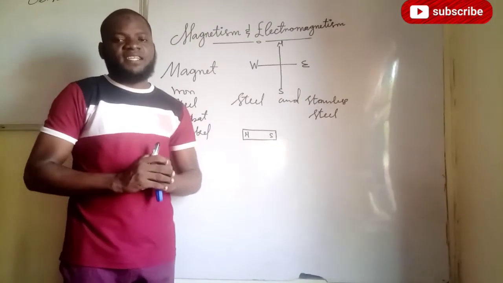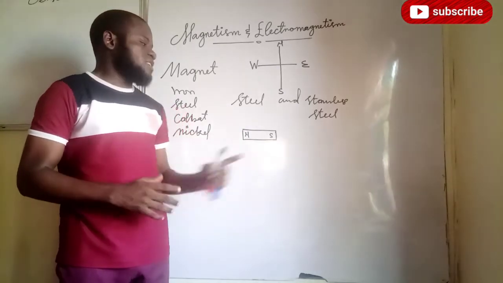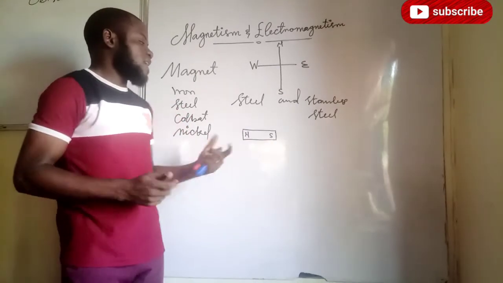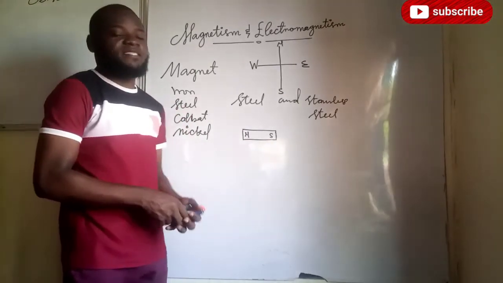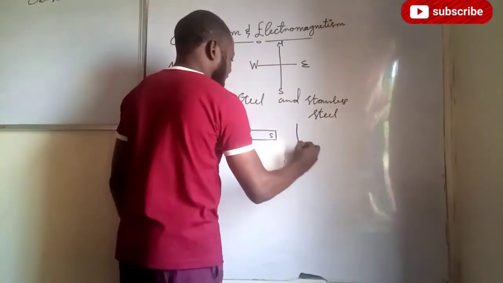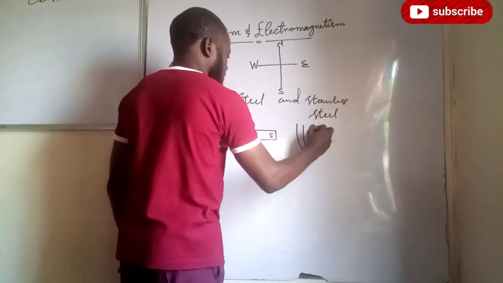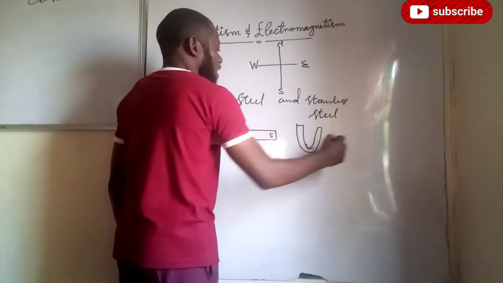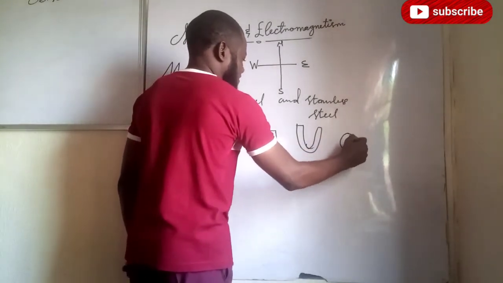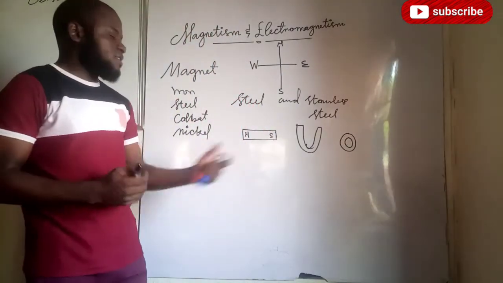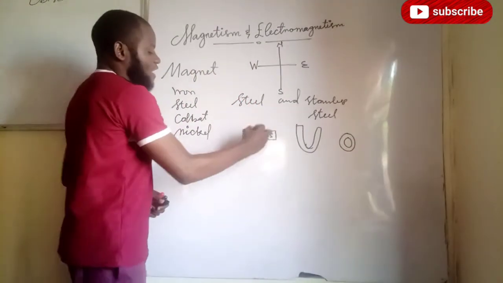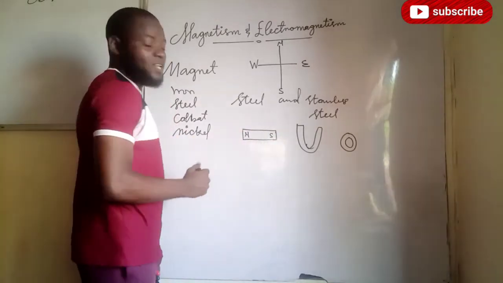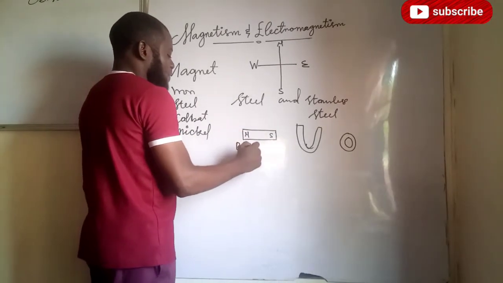Now that we understand that, let's talk about different shapes of magnets. There are some magnets that you have like this, while some are like this, and some are like this. What is the name of this magnet? This particular magnet that looks like a rectangle is called a bar magnet.